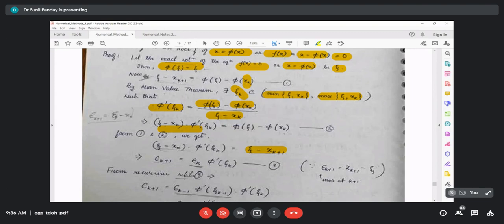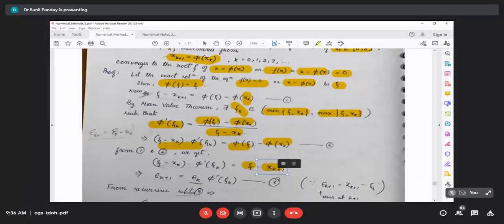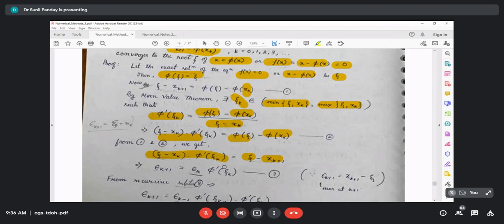Here, phi xi equals xi, as xi is the root of fx and the fixed point of phi, and phi of xk is replaced by xk plus 1 because we have assumed xk plus 1 equals phi of xk. So we have obtained xi minus xk plus 1 equals xi minus xk times phi dash of xi k, where xi k is the point lying between xi comma xk.